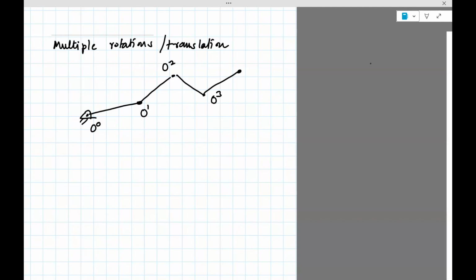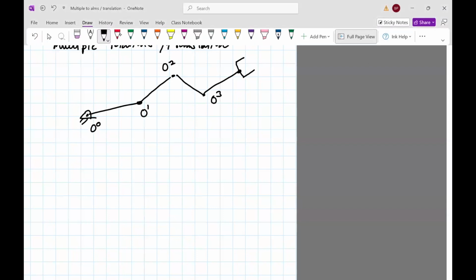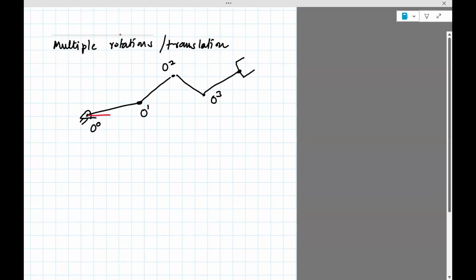When we are describing the motion of this manipulator, we will essentially go attaching these frames to each of the joints like this.